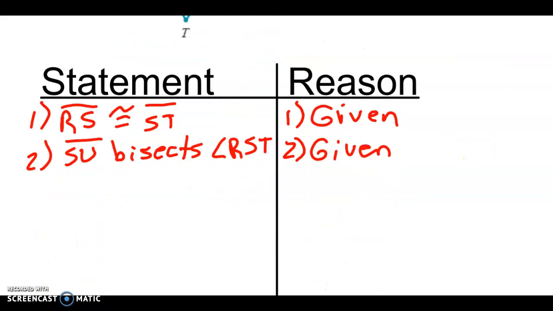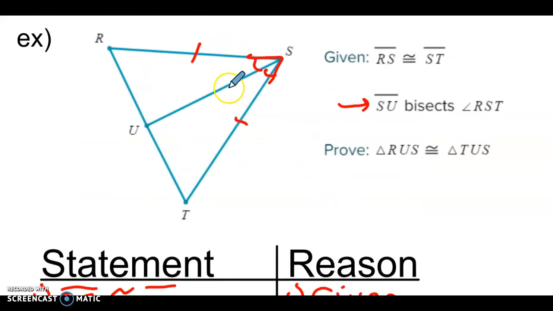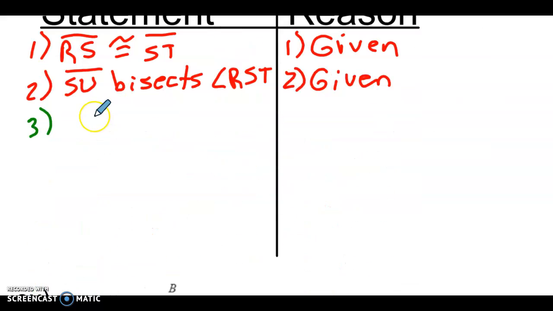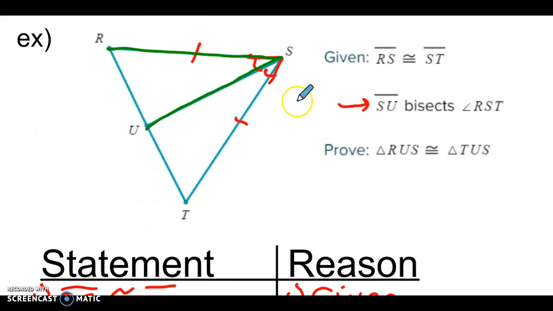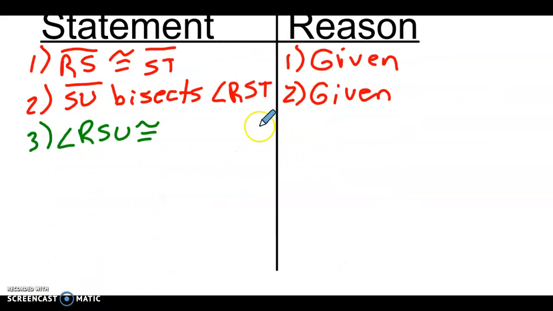So now we need to go ahead and say that angle RSU, you could say USR, so angle RSU is congruent, and since we named it with R first, we're going to have to go TSU. So angle RSU is congruent to angle TSU.